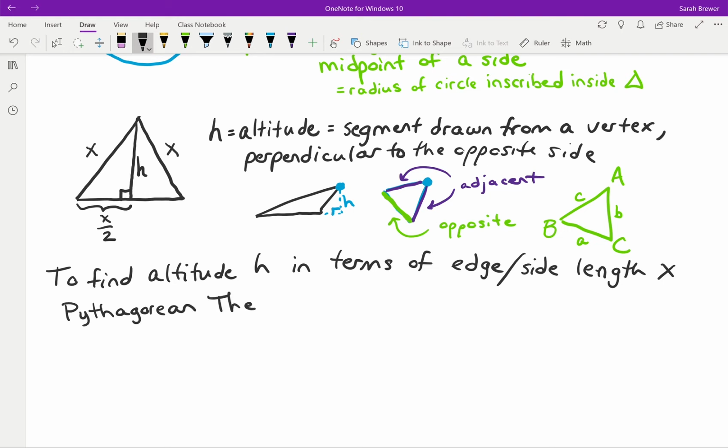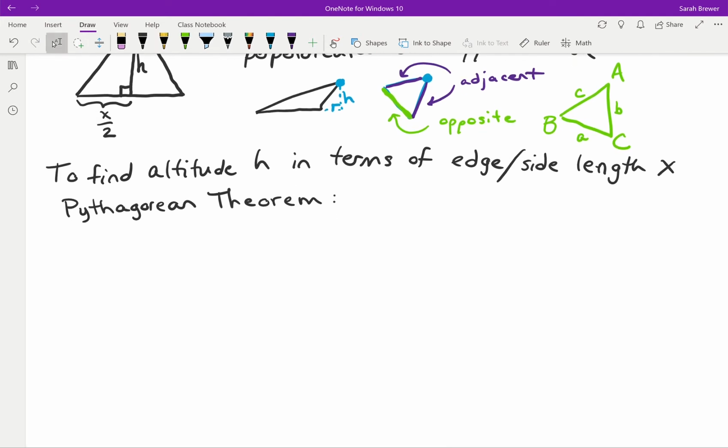And I'm sure most people remember this, but if not, I'm going to go over it. So the Pythagorean Theorem says that if you have a right triangle, so it only works if you have a triangle with a 90-degree or pi over 2 angle. So it has to be a right triangle.